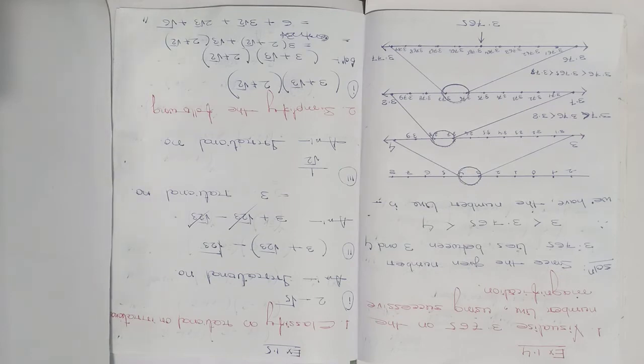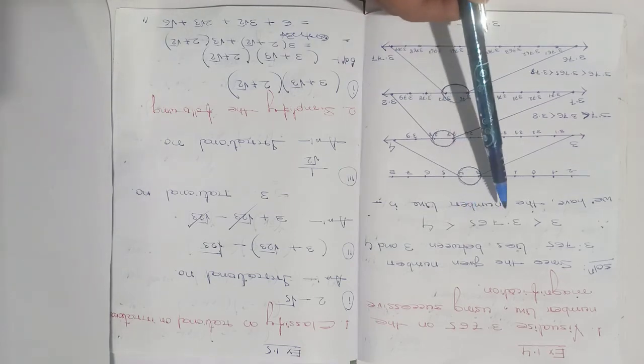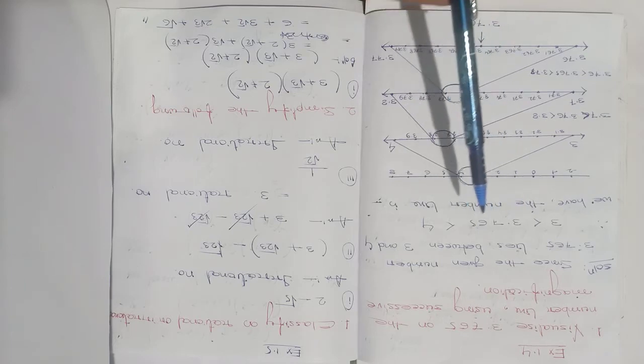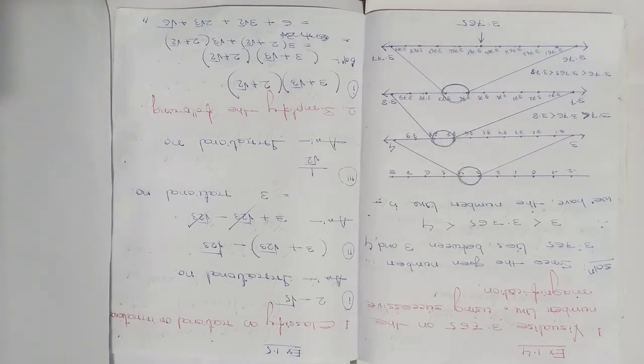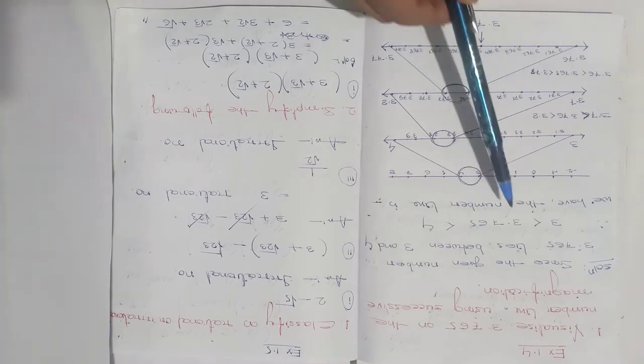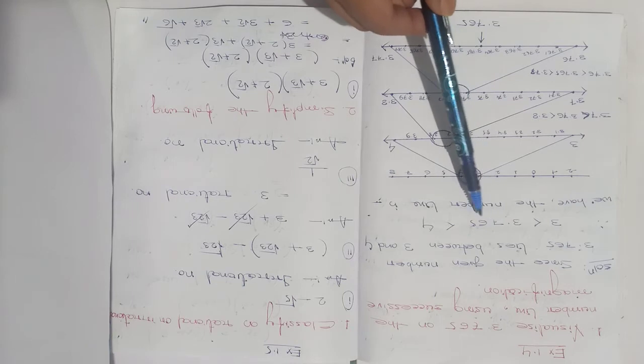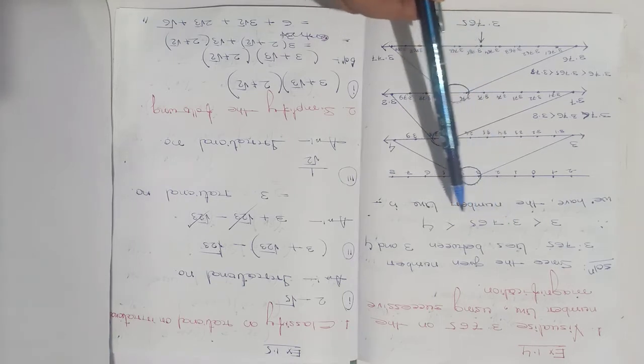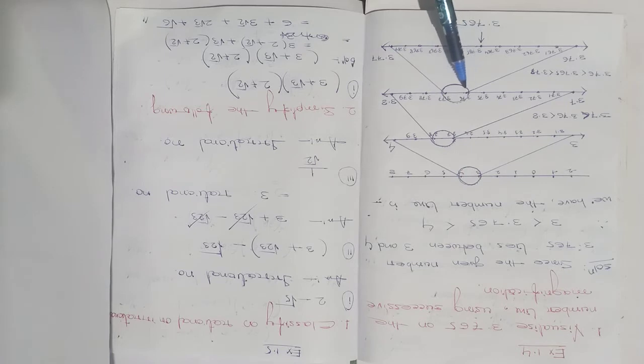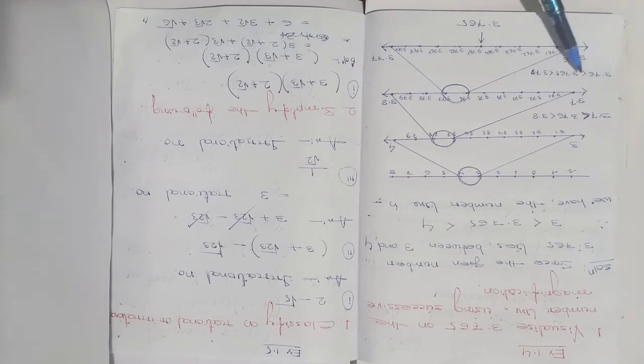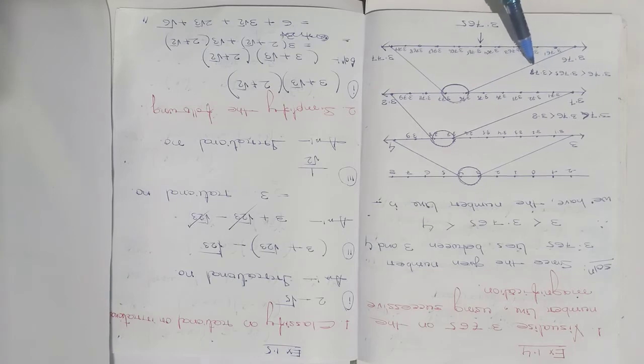Students, 3.765 is greater than the number 3.76. 3.76 means 3.760; after the decimal, a trailing 0 is meaningless. So 3.76 is less than 3.765. So our number 3.765 will lie between 3.76 and 3.77, because 3.765 is greater than 3.76 and less than 3.77. Now we have to magnify this area.